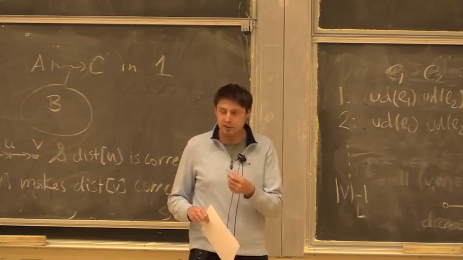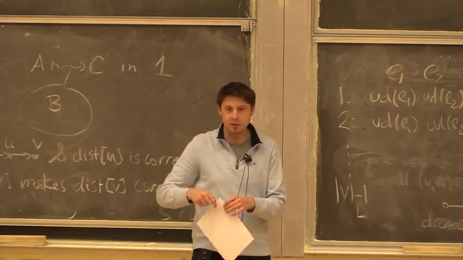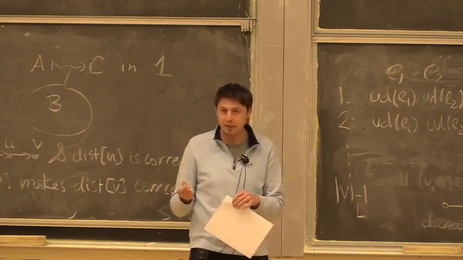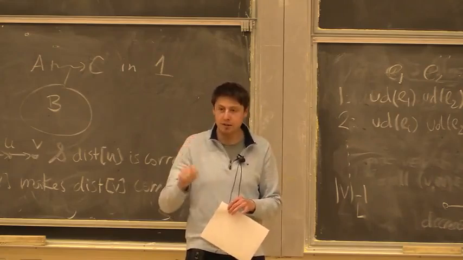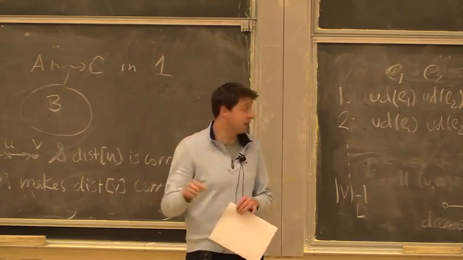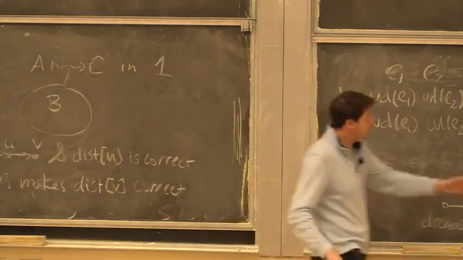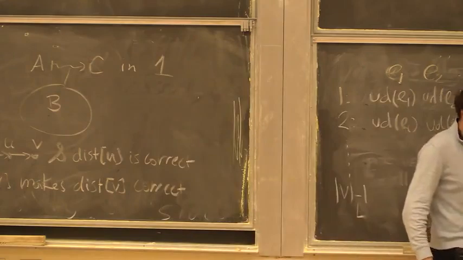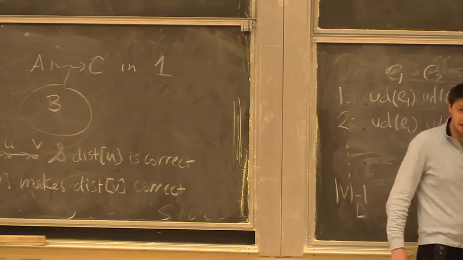So you may revisit the same vertex multiple times because you consider different neighbors, right? And so in each iteration, you might be updating dist multiple times. So it's not that you touch dist of v once in an iteration of the algorithm, right? You may touch it multiple times because multiple vertices may touch the same vertex. And that's just one iteration, okay? And you just do it again and again and again.